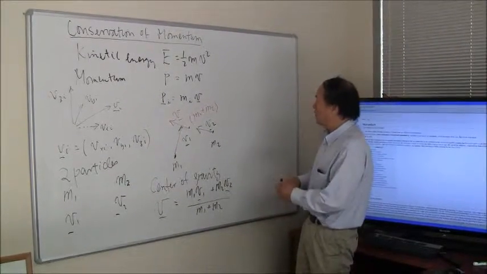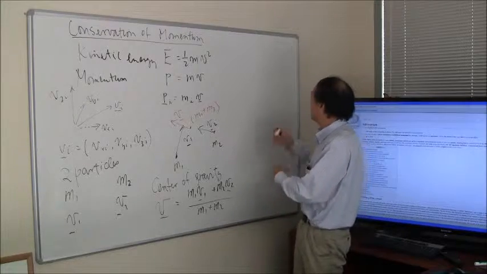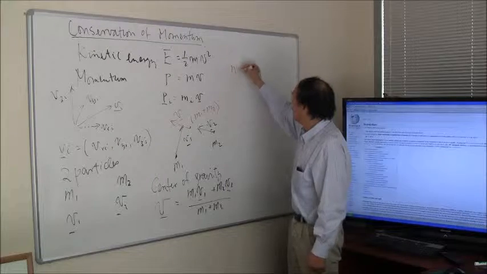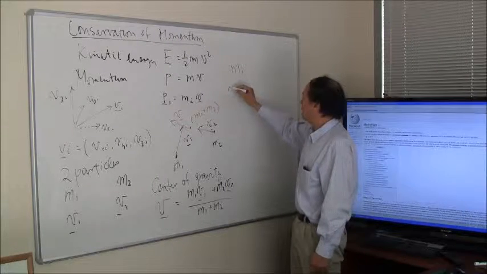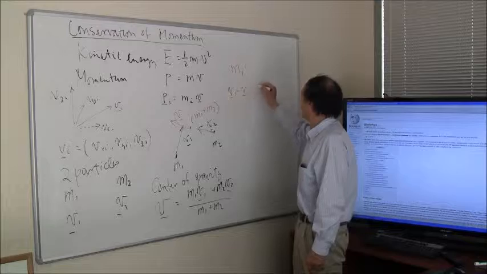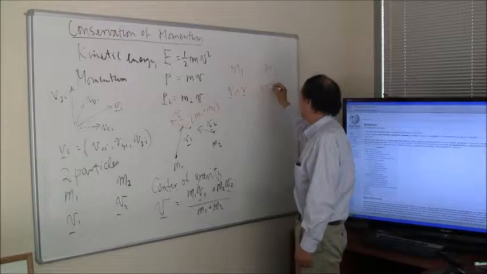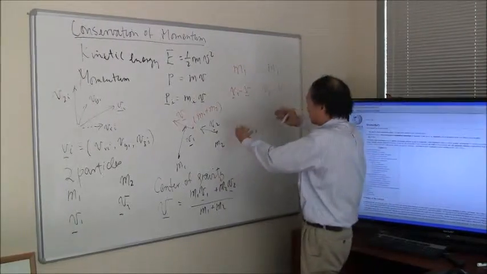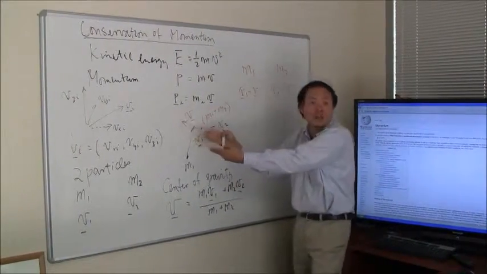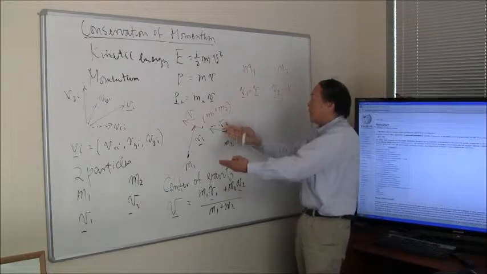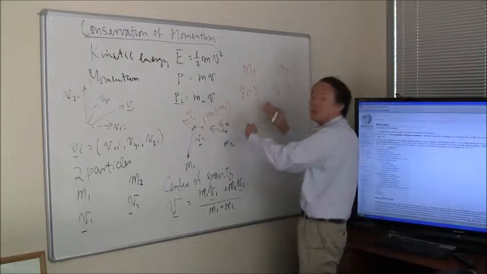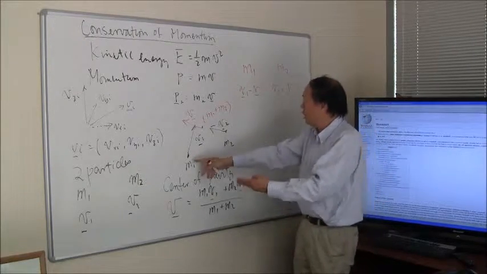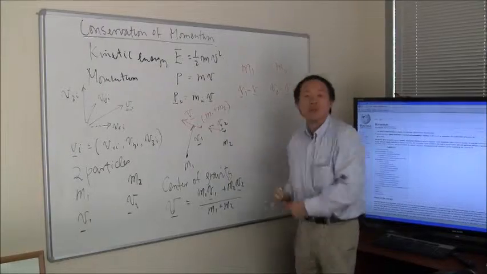Then, within this frame of reference, m1 would be moving at v1 minus v, and m2 would be moving at v2 minus v. With respect to the frame of reference of the center of gravity, the v vector actually becomes 0. So you have the relative motion of m1 and m2 with respect to the center of gravity.